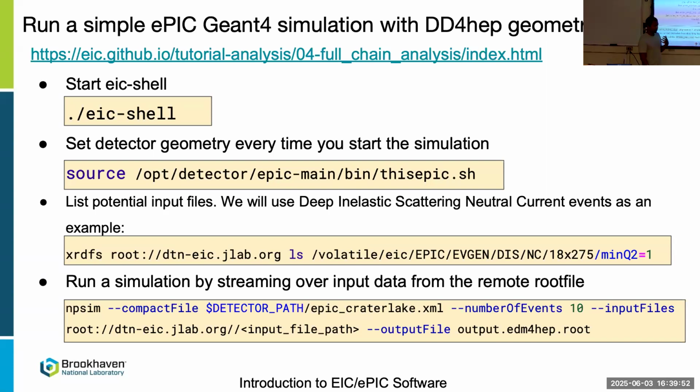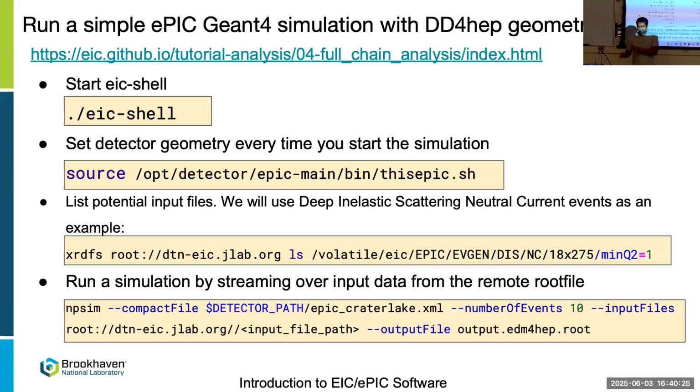Usually when we run our simulations, we give them the subscripted beam energy that matches the data set that we're supplying it. So remember, when we ran our simulations initially, we used an input file that was 18 by 275. So we wouldn't use the non-subscripted epic crater lake file. We would give it the subscripted geometry because that changes the magnetic field that it sees, not in the central region, but in the far forward region.